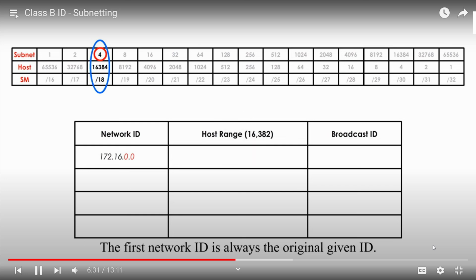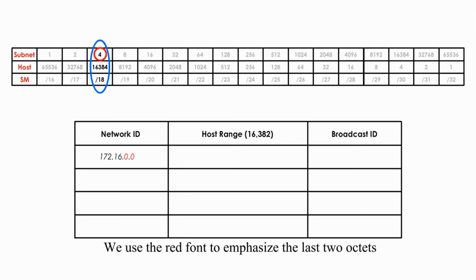The first network ID is always the original given ID. We use the red font to emphasize the last two octets because the first two octets stay the same. We will use the number 16,384 to get the next network ID.